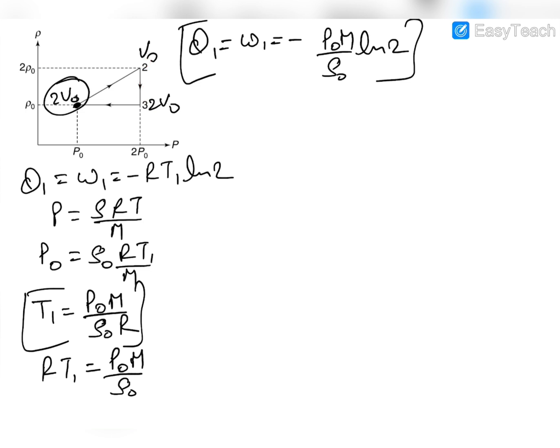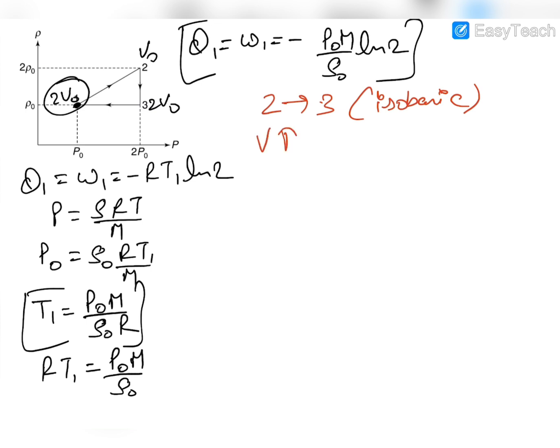Now in process 2 to 3, let us write it with a different color. 2 to 3 is an isobaric process, and in this process volume is increasing and pressure is constant, which means that the temperature will increase.